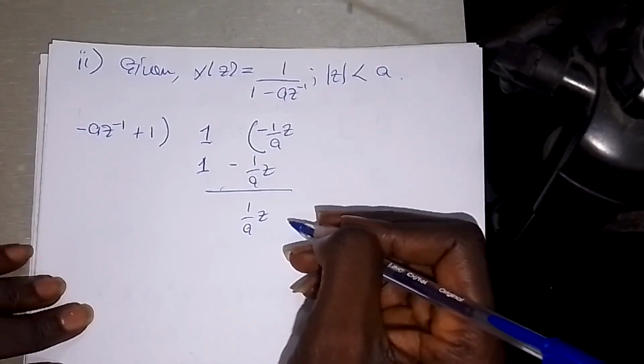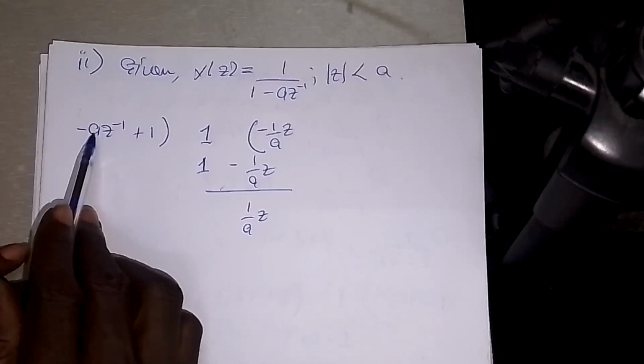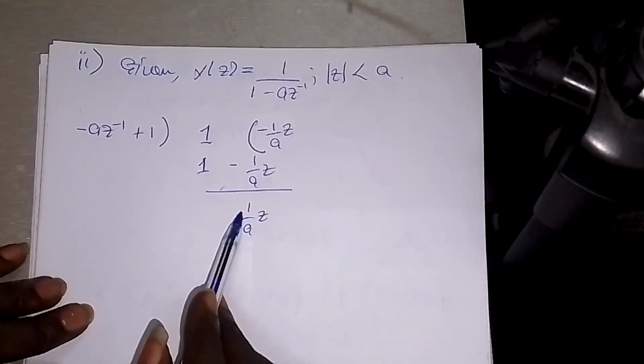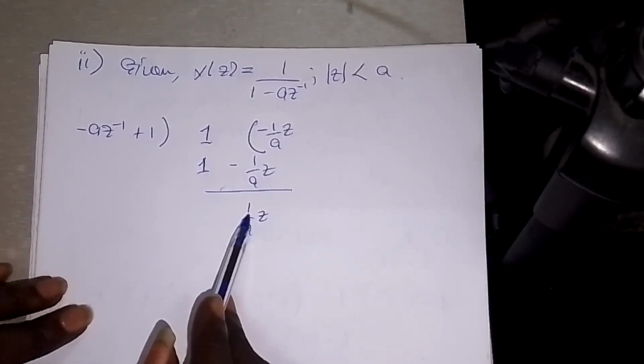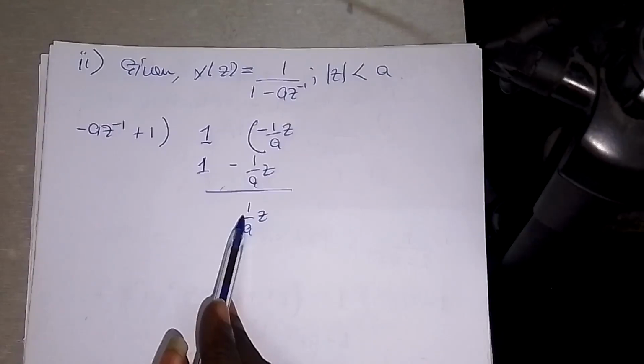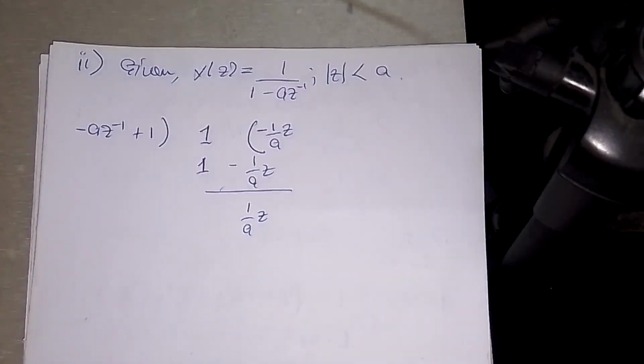Now this one, how many times can it go into this one? To know how many times it can go into this one, I just have to divide it and see.